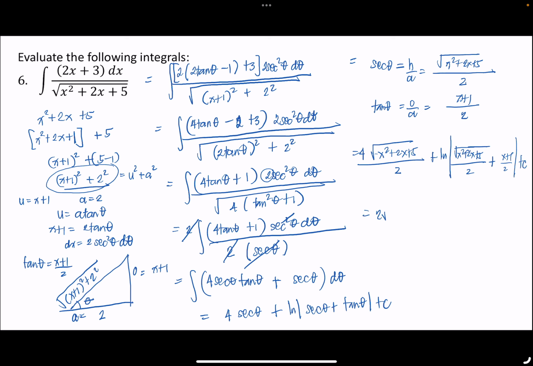So we have 2 times the square root of x squared plus 2x plus 5 plus ln of the square root of x squared plus 2x plus 5 plus x plus 1, all over 2, plus c.